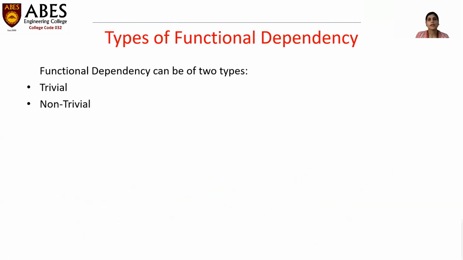Okay, so as I've already discussed the definition of functional dependency, functional dependencies are of two types. First type is called trivial and the other is called non-trivial.